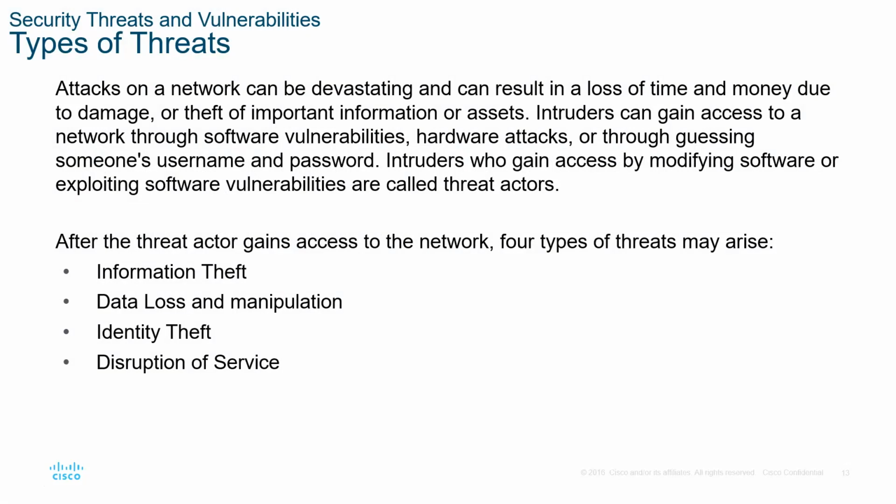So the types of threats: mainly you have an attacker that has a specific task in mind. They either want to cause some type of data loss, or they want to manipulate some data. They want to, what we would call, exfiltrate.